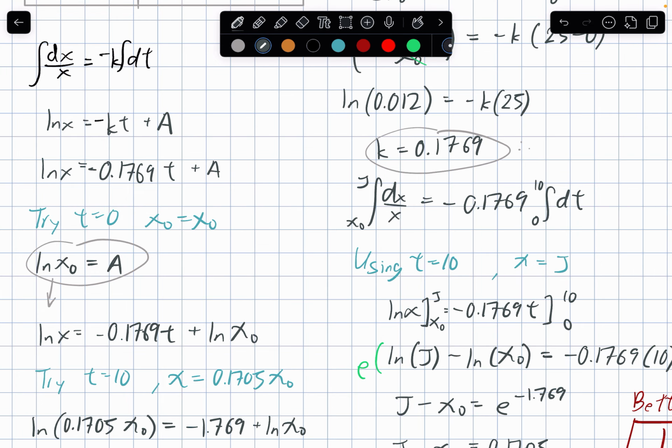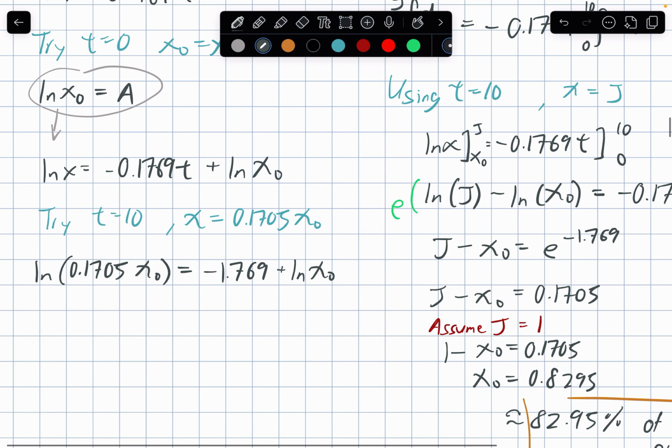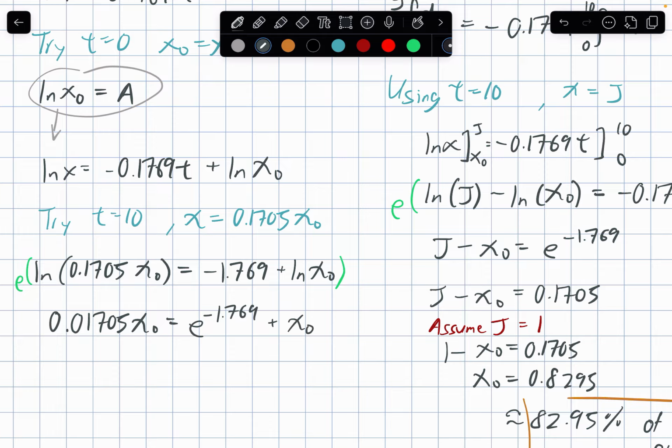You find that coming from integration of the equation that we started with. And then right now, you just have to solve for x sub o. 0.1705 x sub o is equal to e raised to negative 1.769. I think this is how you do it.